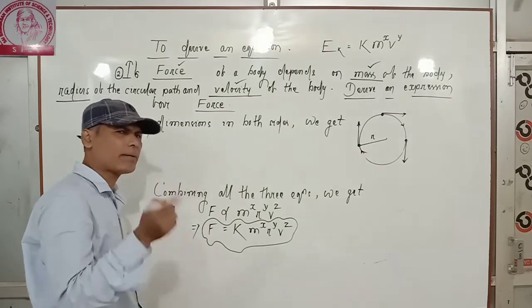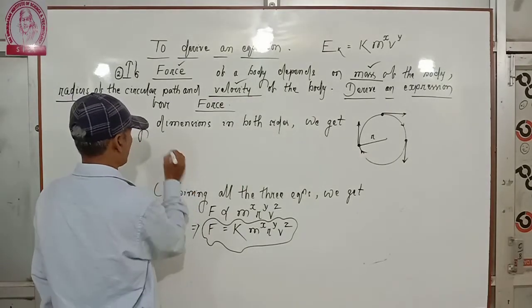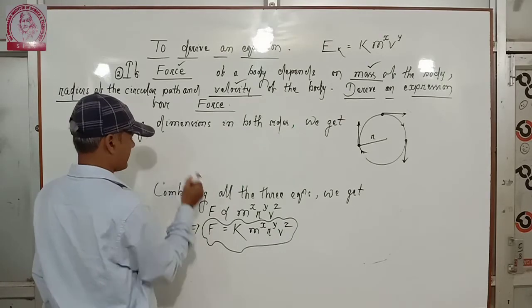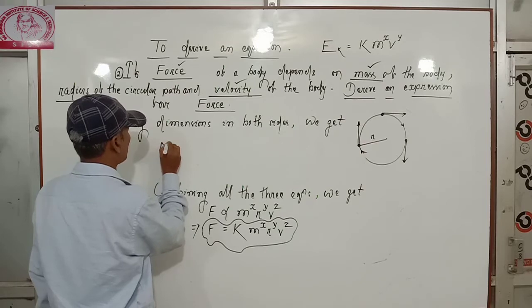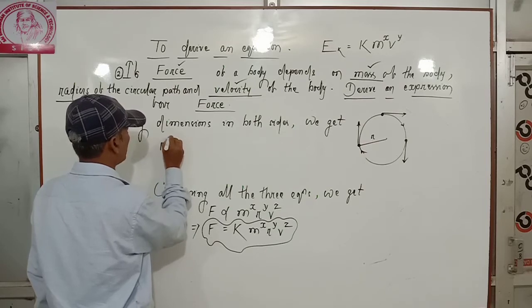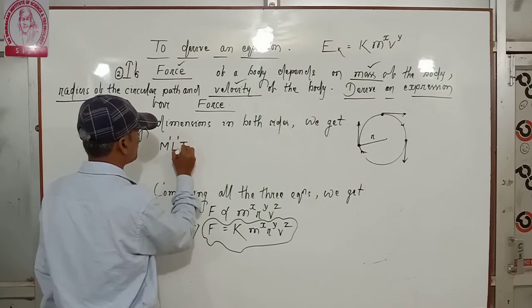We have to write the dimensional formula, then afterwards we will get the dimensions. In the left hand side, it is F. So I am writing the dimensional formula of F: M to the power 1, L to the power 1, T to the power minus 2.